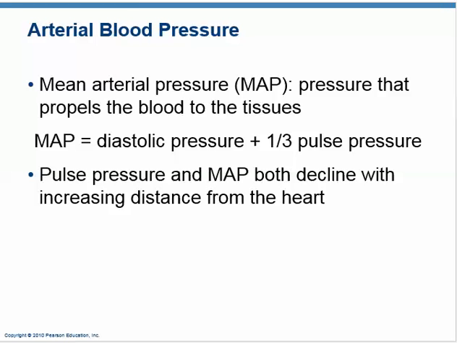So if you take something like 120 over 80, it's 80, 80, 120, 80, 80, 120. So the average is really 80 plus a third of the pulse pressure. So a third of 40 is about 13. So the mean arterial pressure of 120 over 80 is about 93.